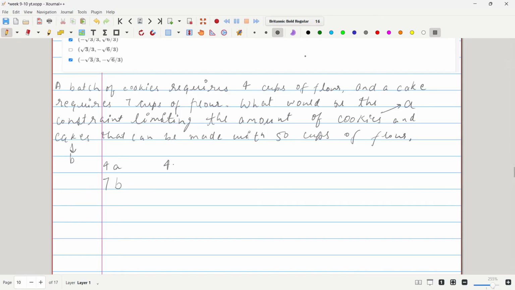So 4A plus 7B, and the maximum amount of flour available is 50 cups. So 4A plus 7B should not be greater than 50, that means it should be less than or equal to 50. So for 50 cups of flour, the equation is 4A plus 7B is less than or equal to 50. Okay.